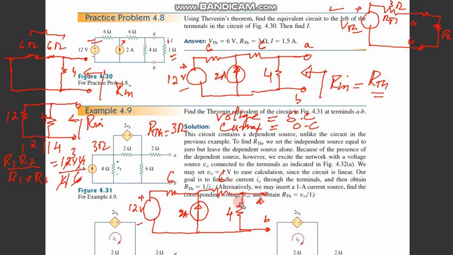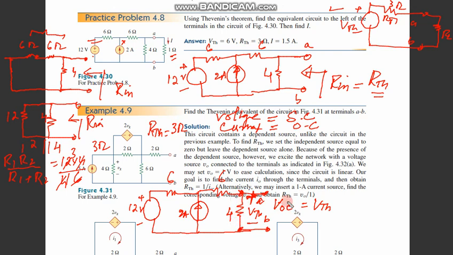Now if you see, this is open, so this is the open circuit voltage, which is equal to V Thevenin. So the voltage over here is V Thevenin. This voltage appears across the 4 ohm resistance as well.